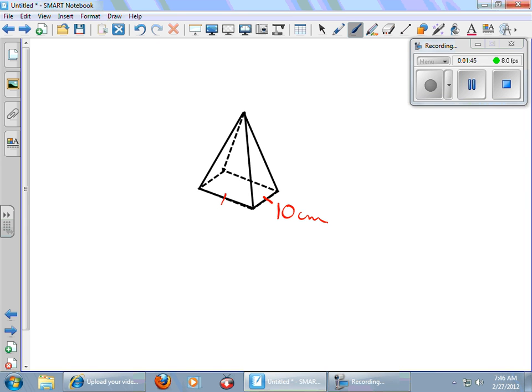Now, to be able to do the surface area, we are going to need this information. Oh, I'm sorry, that's going to be for the volume. Excuse me, let me get rid of that. I'm going to need that later, but right now I'm going to need this information.